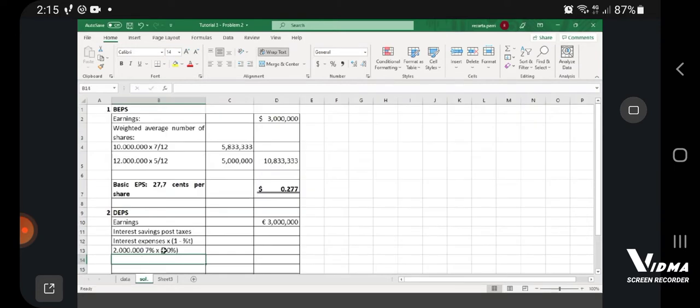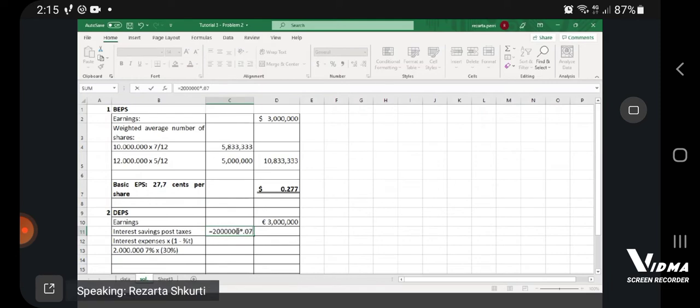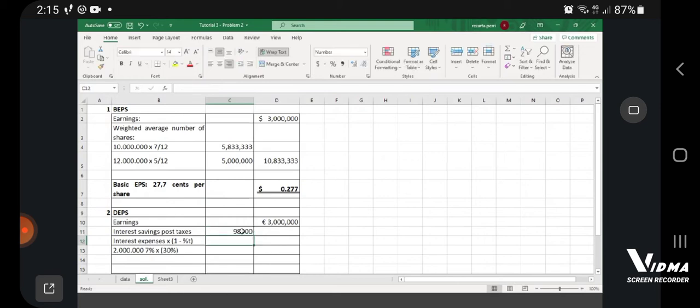So let's calculate the interest savings, that is equal to 2 million multiplied by 7% multiplied by 1 less the percentage of taxes, that is 70%. So this is the effect.